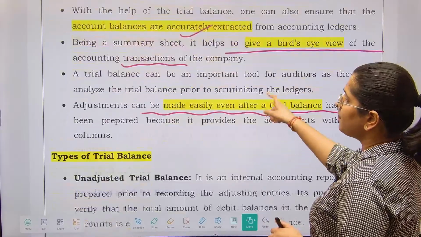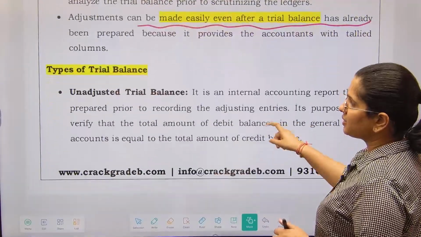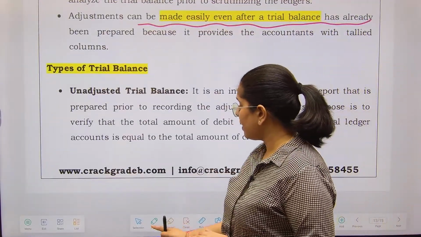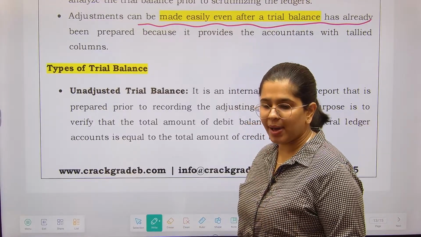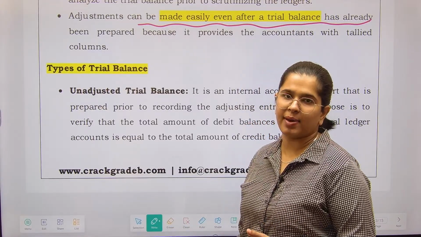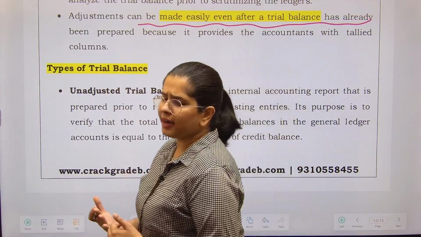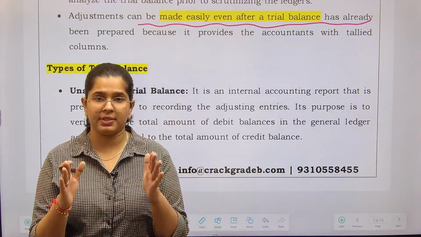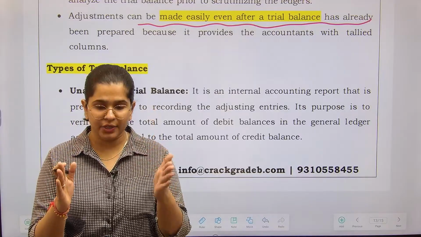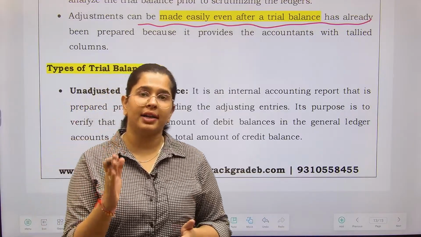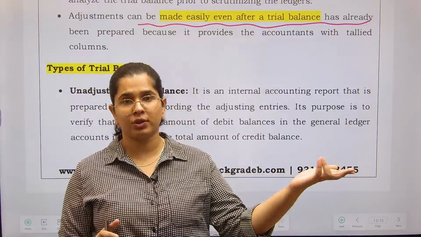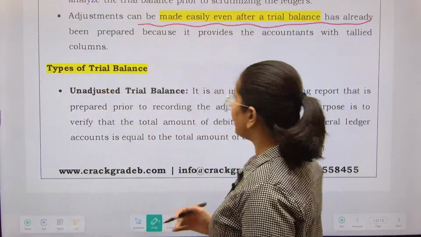Now let us see the types of trial balance. We have unadjusted trial balance and then we have adjusted trial balance, right? So I can also tell you that these are the two steps: unadjusted, adjusted. So first you prepare the unadjusted and then you move on to the adjusted one. Okay, let us see this.